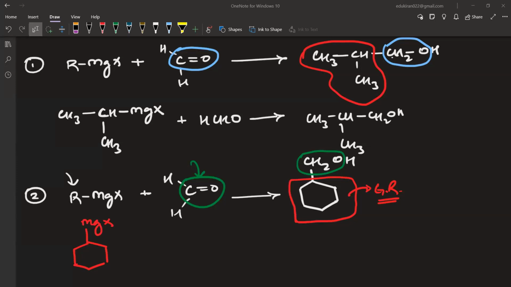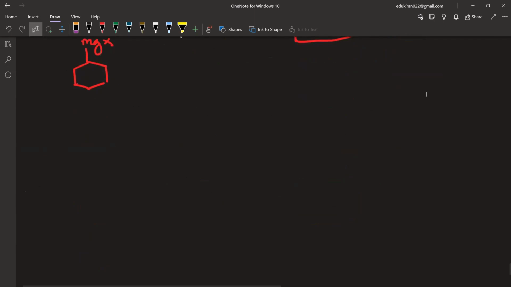So done. चलिए अब आप लोग लिखिए जो स्टेटमेंट है by using Grignard reagent.